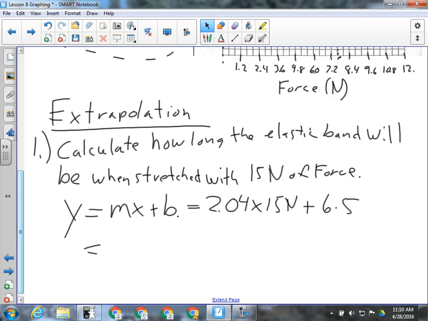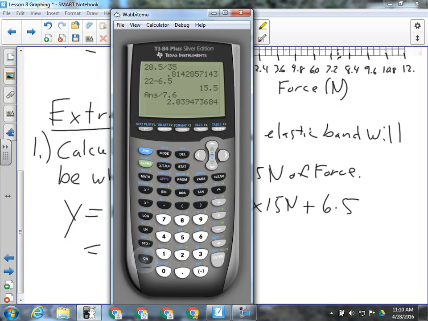So when I do that calculation, 2.04 times 15 plus 6.5, it's going to be 37.1 centimeters long. This must be a very stretchy rubber band, right? That's close to 6 times longer than it was at the beginning.